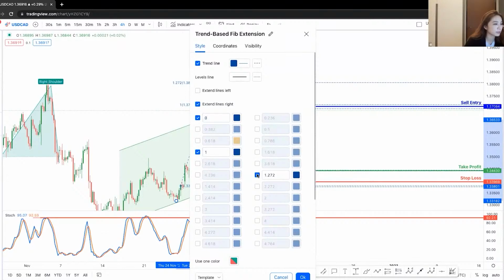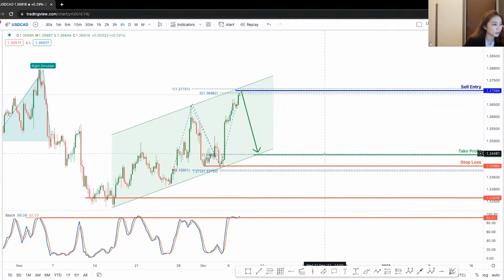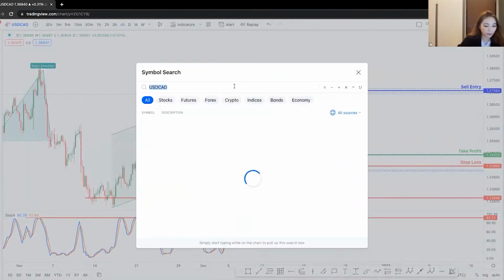Very nice triangles. Yeah, that's about it for dollar CAD. Do we have any questions? Okay, I guess not.